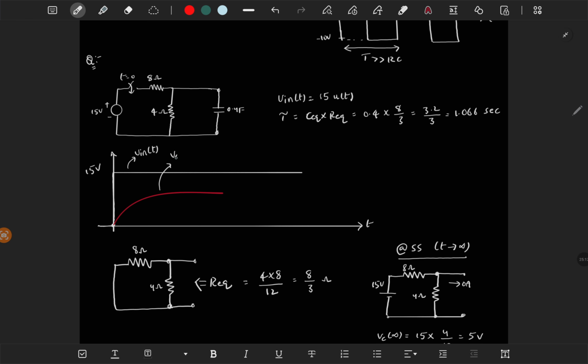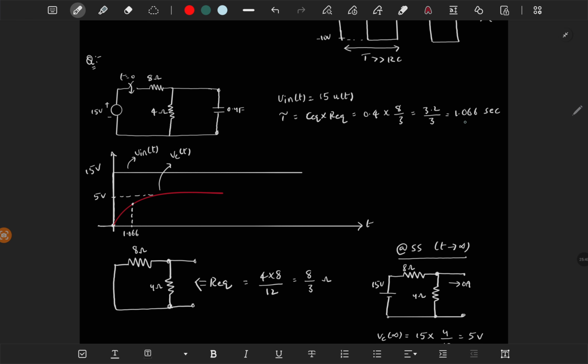This is Vc of t. So this will charge to 5 volt. Some 63% of it is reached at 1.06 seconds. So how much time will it take to reach 5 volt? We have discussed, it is 5 times RC.